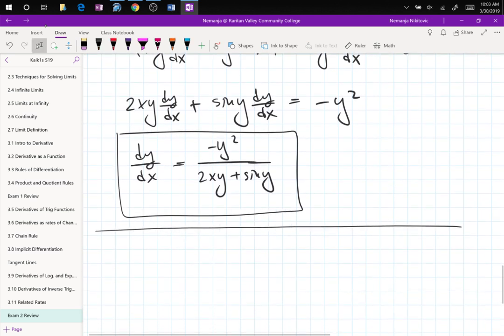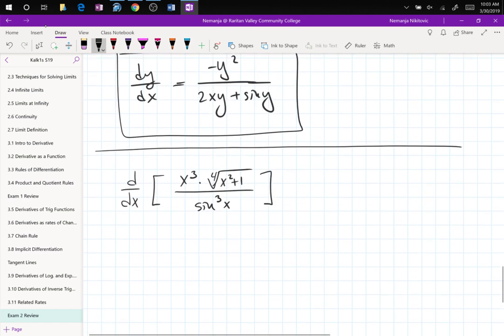The other issue was the logarithmic differentiation, when you have complicated derivatives that you can do in one shot. Did anyone bother to learn the ways so you can just look at the problem and know the derivative? All right, so if we are taking the derivative of, let's say, x cubed times the fourth root of x squared plus 1 divided by sine cubed x, or something like this, right?